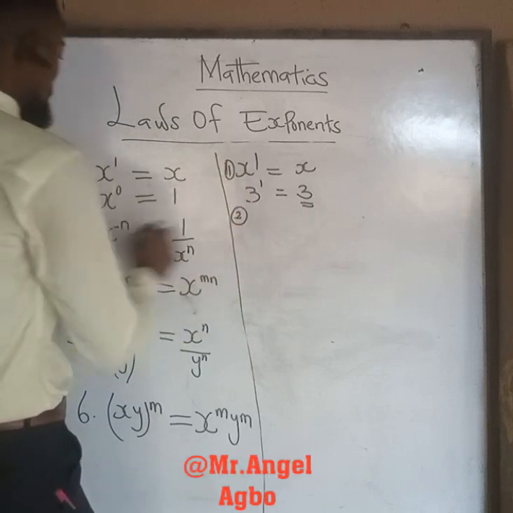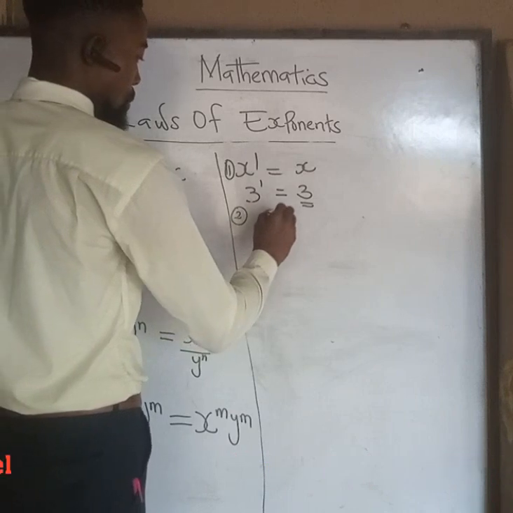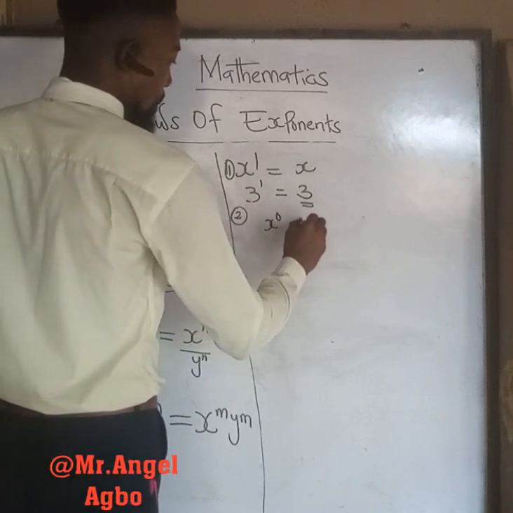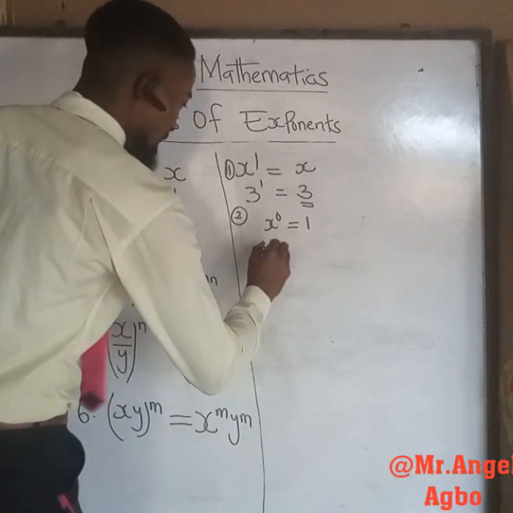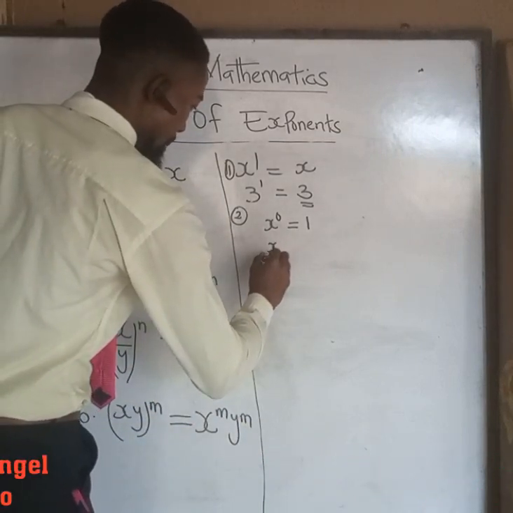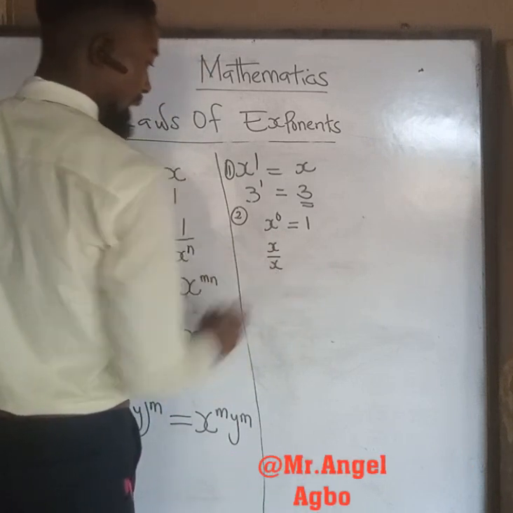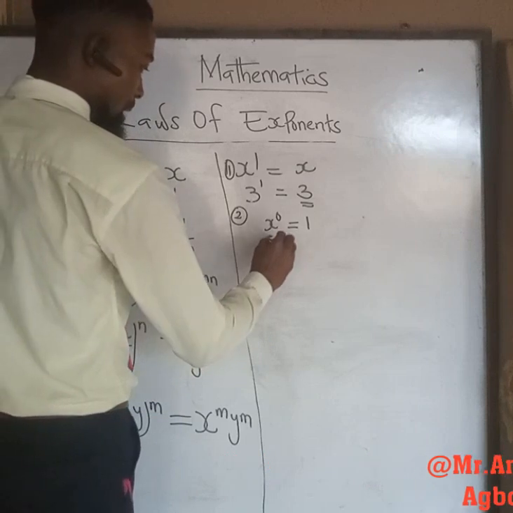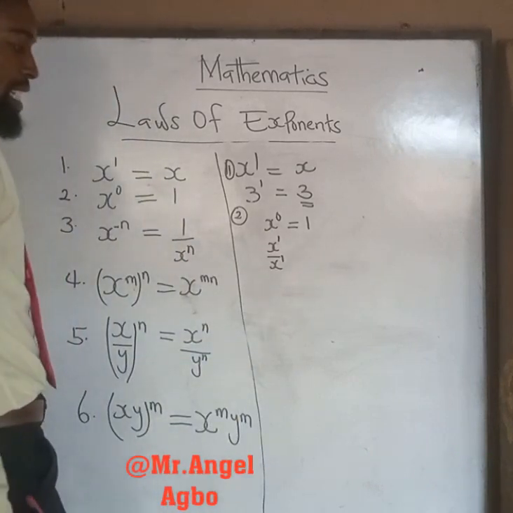Number 2, x raised to the power of 0 is equal to 1. Any number raised to the power of 0 is equal to 1. It means that you are dividing x by what? x. x divided by x is the same as x raised to the power 1 divided by x raised to the power 1. Are you getting it?